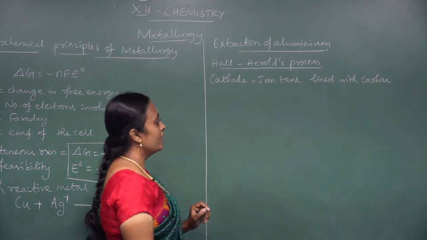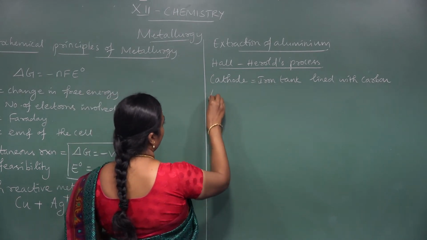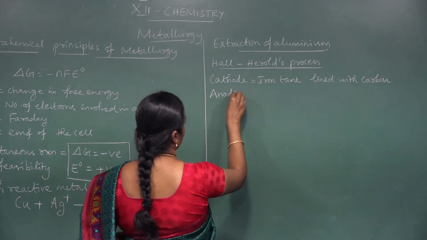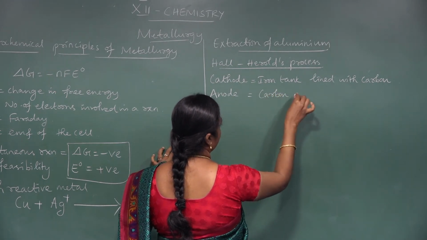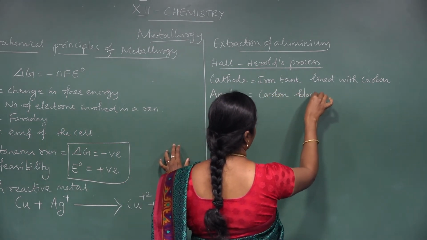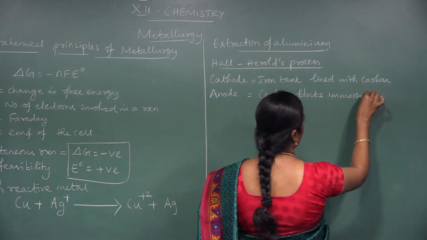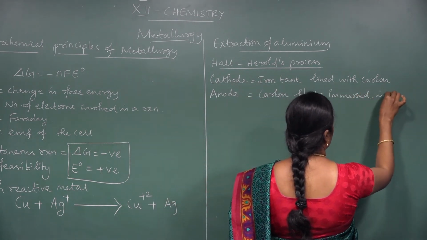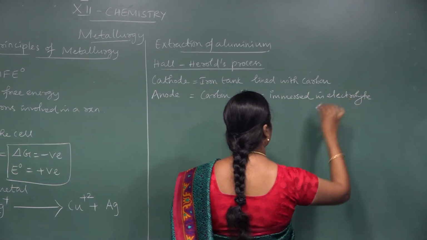Okay, so if you are taking cathode as iron tank lined with carbon, and we can take anode, so carbon blocks or rods immersed in electrolyte. Definitely that has to be immersed in electrolyte.